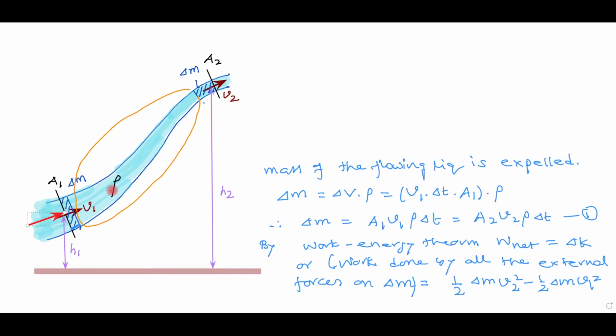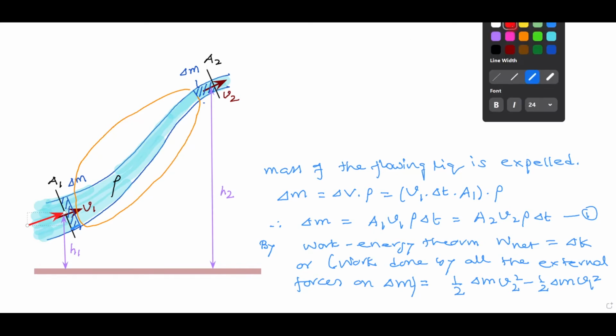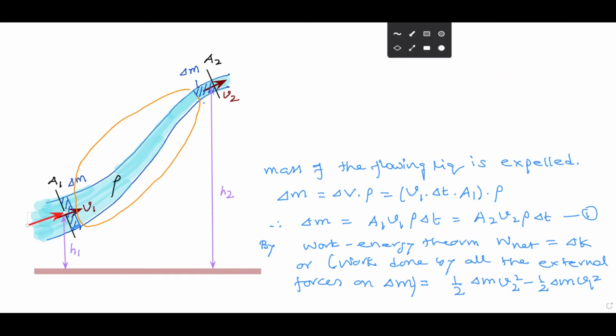Our system is the liquid in this portion, so the liquid lying here is external to the system, and the liquid lying here is also external to the system. Here the pressure of liquid is P1.